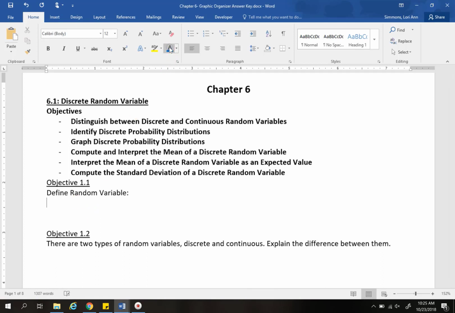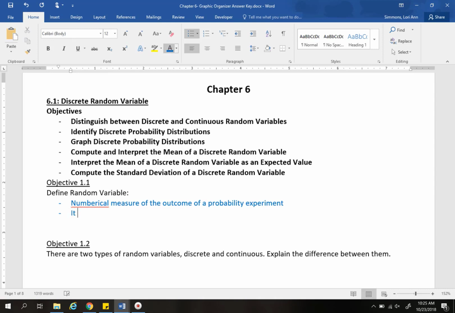So let's define a random variable. It is the numerical measure of the outcome of a probability experiment. Its value is determined by chance.